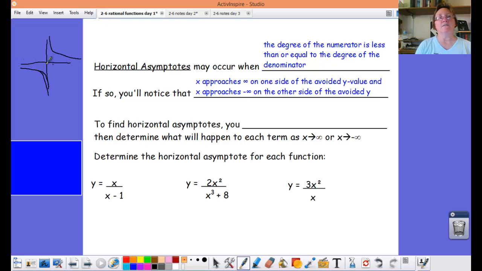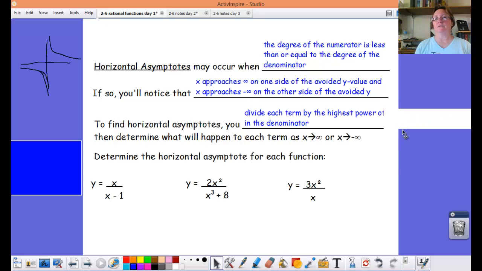The avoided y here would be y equals 0. Alright, the method for finding horizontal asymptotes is a little bit different. You divide, it says, and this is the mathematical process, you divide each term by the highest power of x in the denominator, and then determine what will happen to each term as x approaches infinity or negative infinity.